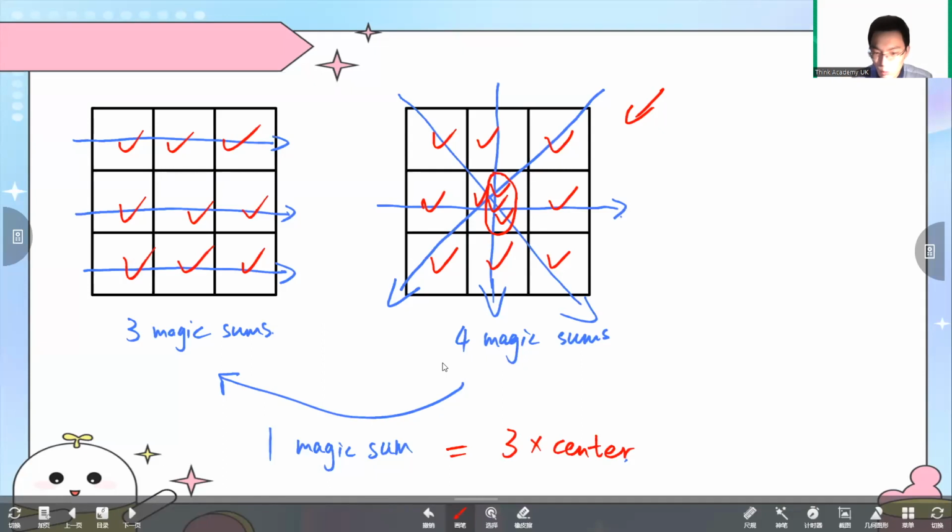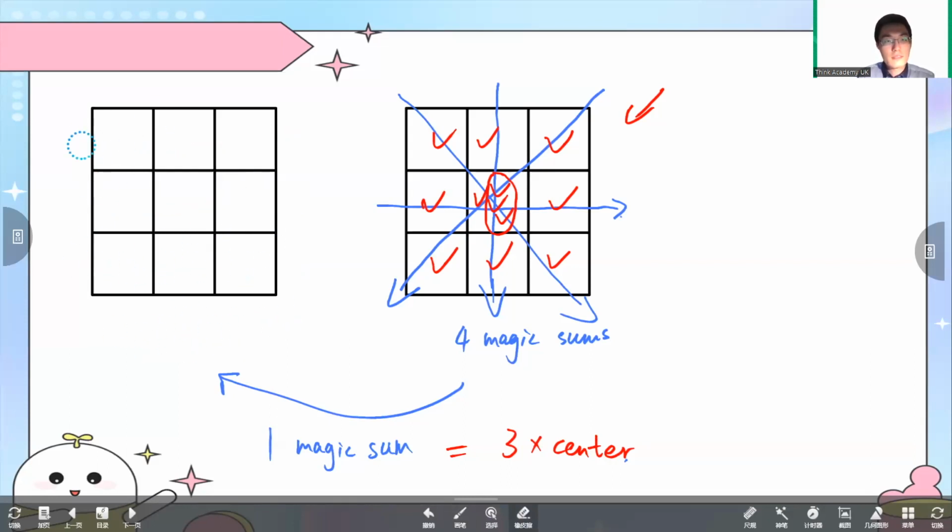But before we get going, I want to tell you the last key point we have today. I'll just use this diagram to write. So say this is the center, and I have a number here, 5, and the 10, and I tell you that the magic sum for this one is 20.